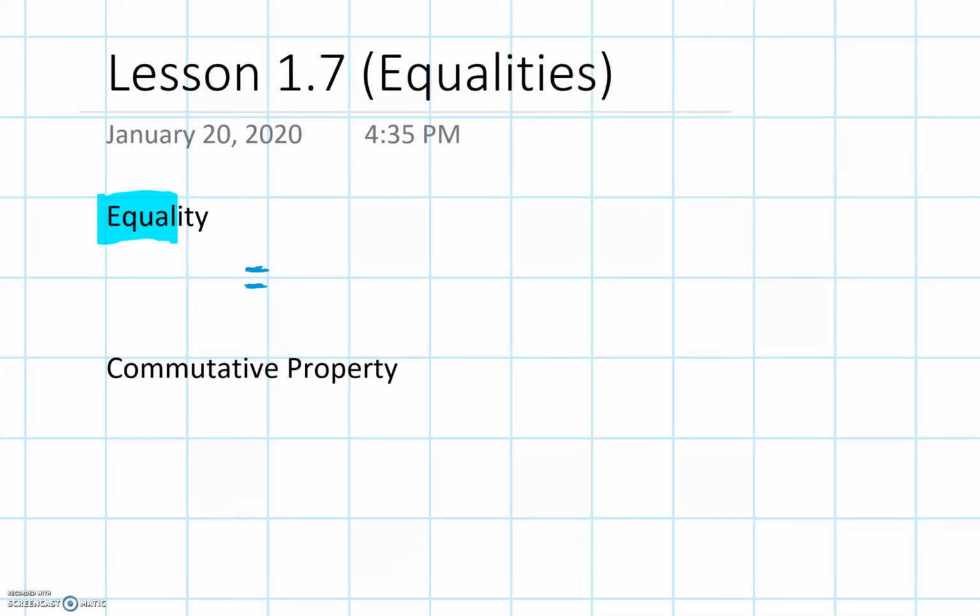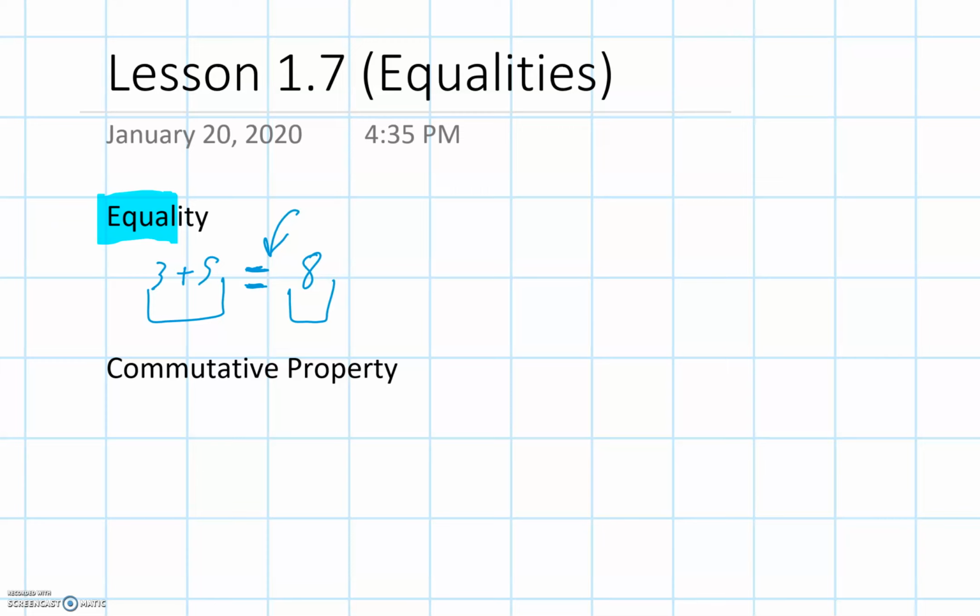So for example, if we have 3 plus 5, we say it's equal to 8. So an equality is just a fancy way of saying that we have an equal sign. One side is the same as another side. They're equal sides from one side to the other.